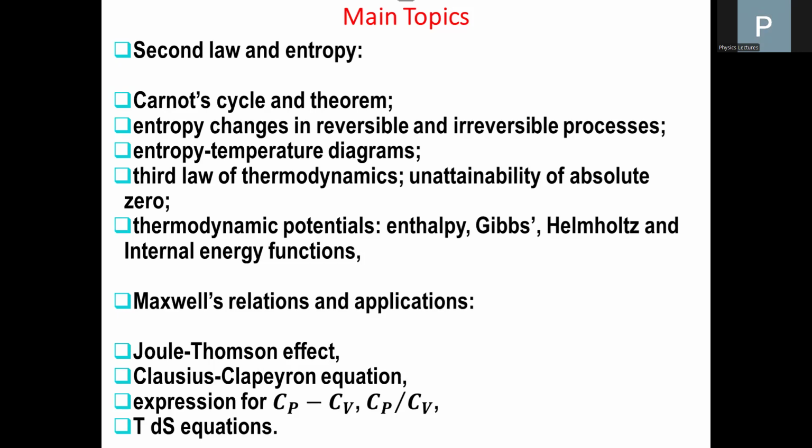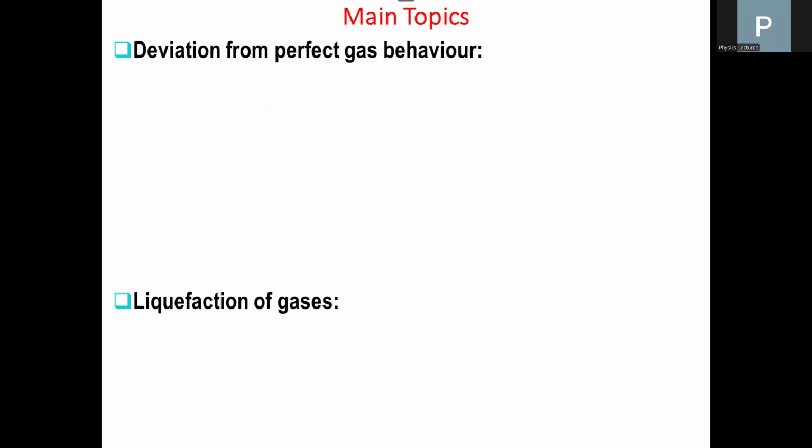We will also derive the three TdS equations, and we will learn what are their physical significances. We will also learn that the gases we encounter in real practice in day-to-day life are real, and they are not ideal. They don't behave as ideal gases.